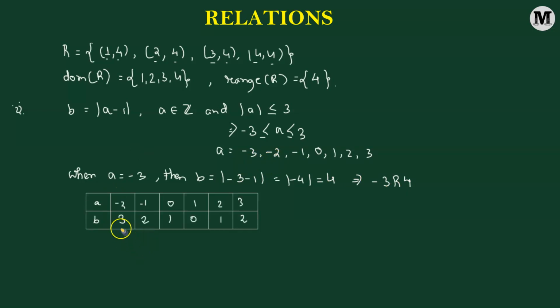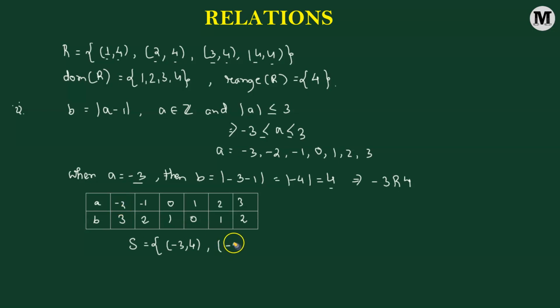Now we have the corresponding values of B as well. Let's now note down the relation S. S is going to be the set of ordered pairs. When we choose A to be -3, remember A comes first, followed by B, the corresponding B value came out to be +4. So we have (-3, 4), that is one ordered pair. Followed by the next ordered pair, we have -2.